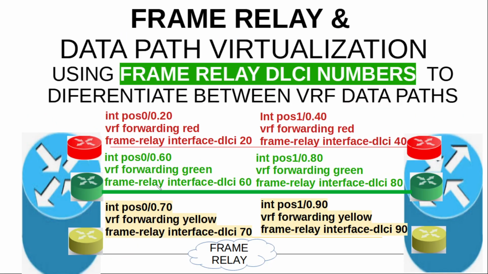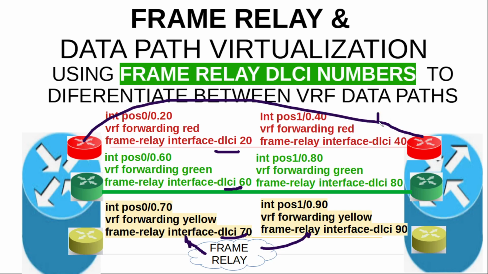Now, another example, if you are old enough, if you remember how to configure frame relay, remember that frame relay uses the DLCI numbers. These DLCI numbers are provided to you by your frame relay provider. So you could also achieve data path virtualization with frame relay, because you can separate these PVCs using different DLCI numbers.